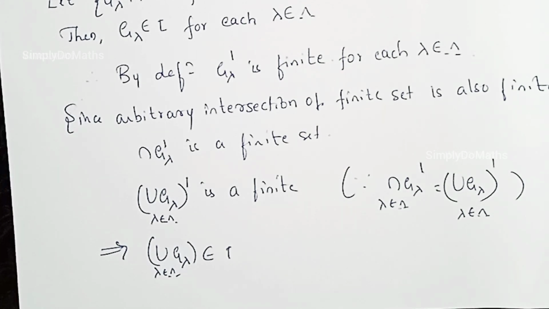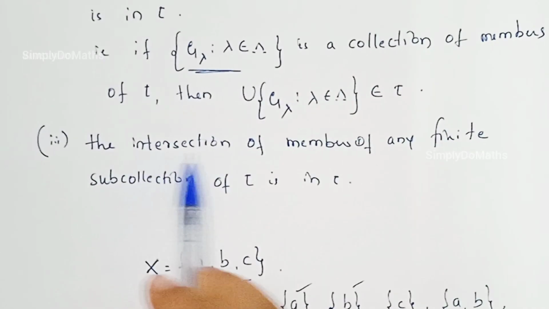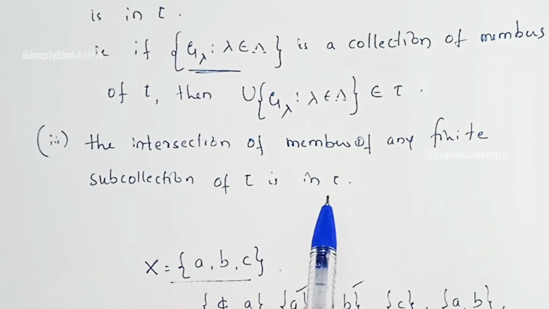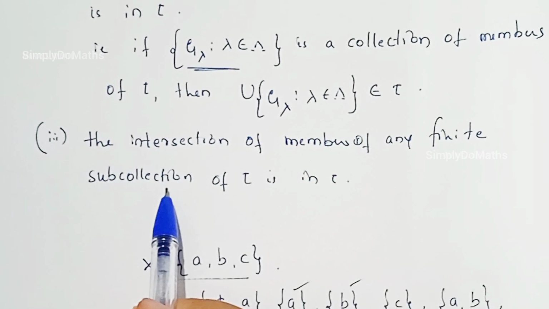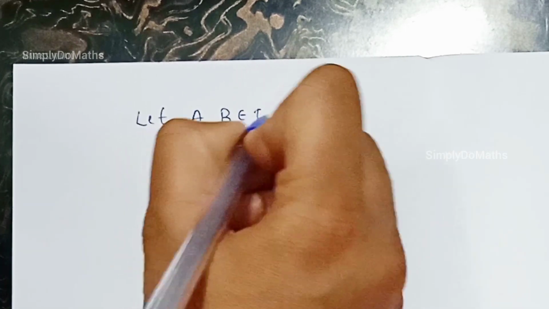Let's go for the third condition, which is the property of intersection. The property says that the intersection of members of any finite subcollection of tau is in tau. Here, finite subcollection. So let's consider two sets A and B, which are members of tau.